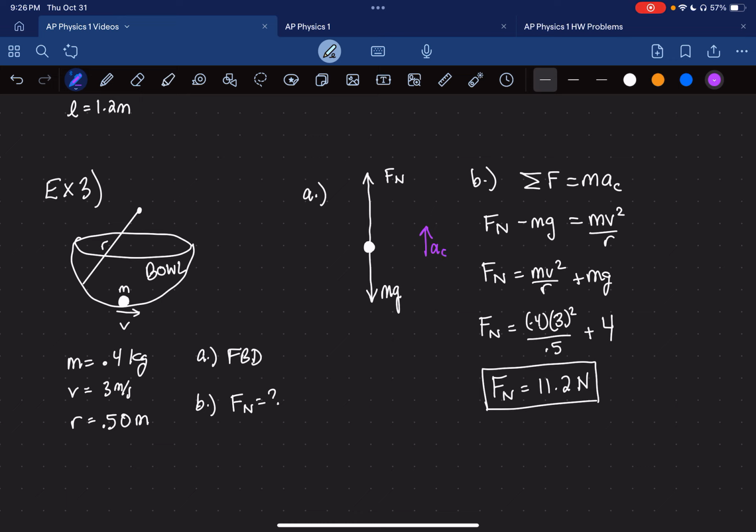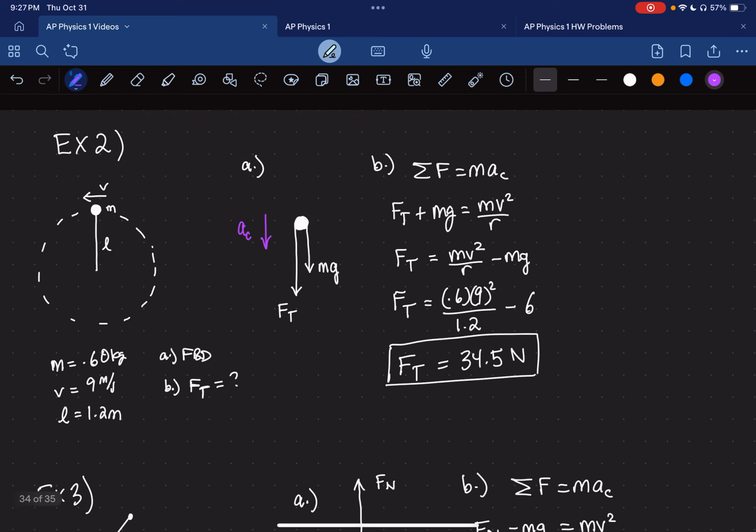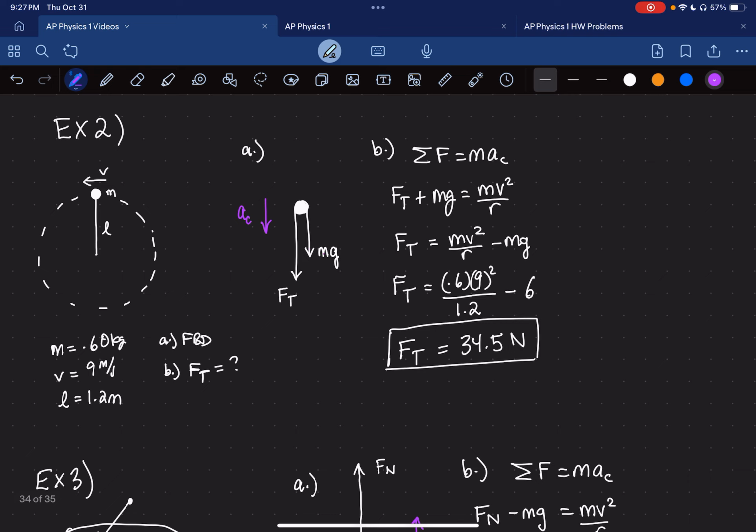We could have drawn upward acceleration there, which makes sense in this free body diagram. And again, just to show you, many different kinds of forces can provide a centripetal acceleration.